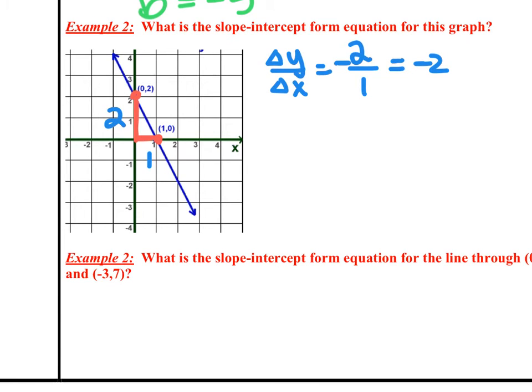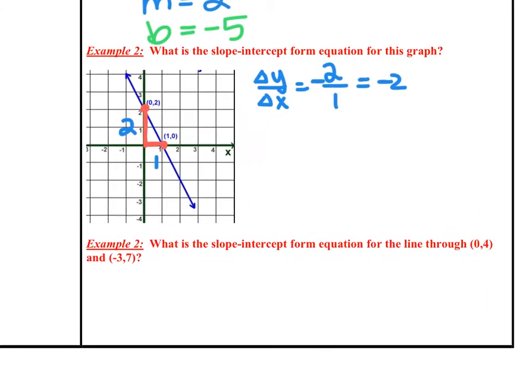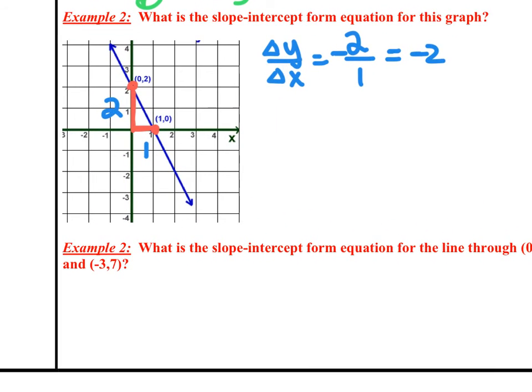Now we need to find our y-intercept. Our y-intercept is where the line starts. So let's see, we used green before, right? So we're going to use green again. I'm looking for where the line crosses the y-axis because it's our y-intercept. Looks like that happens right here, and that's the point (0, 2). So I'm going to say that my y-intercept is 2, and this over here is our m, our slope.